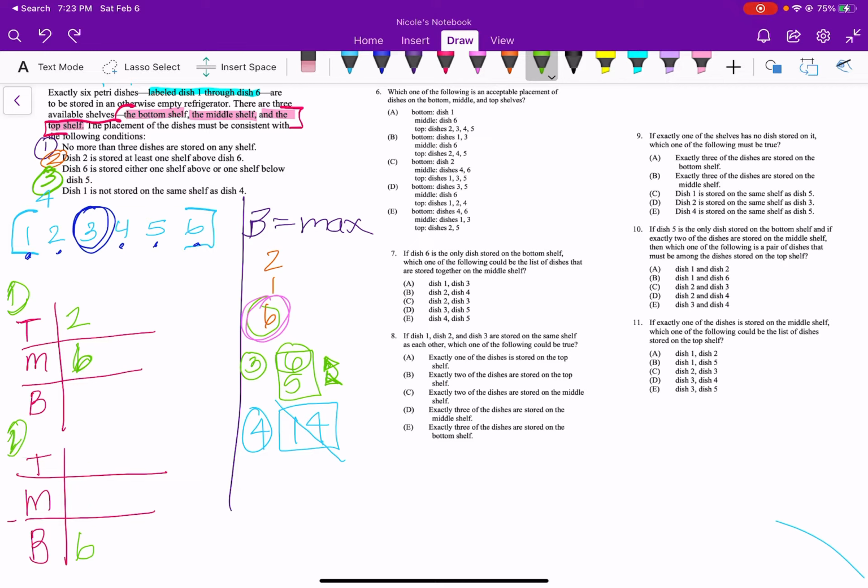But do we know anything else in world number 2? Yeah, we know that 5 has to go in the middle because 5 has to be next to 6. So why didn't we put 5 anywhere in world number 1? Well, because we don't actually know where 5 has to go, because 5 could either be on the top or 5 could be on the bottom. Do we see that?